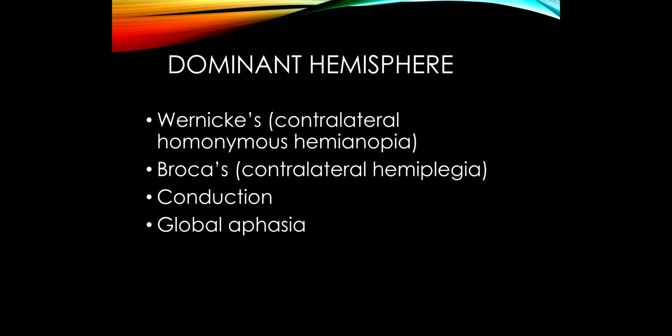So if it's a dominant hemisphere stroke, usually left hemisphere, then if it's a massive stroke, the patient will have a global aphasia. If it's more posterior, they'll have a Wernicke's aphasia. And remember, the optic radiations are right by Wernicke's area. So patients that have a Wernicke's aphasia usually can't see anything off to the right side. Whereas with a Broca's aphasia, it's immediately adjacent to the precentral gyrus.